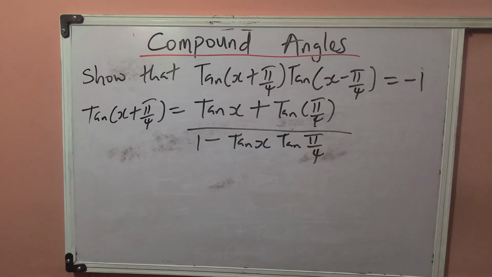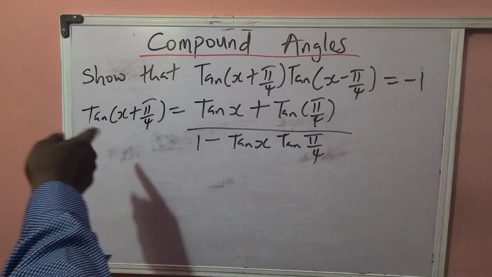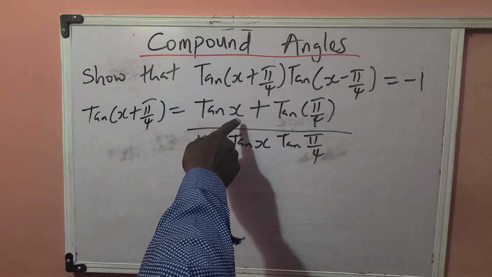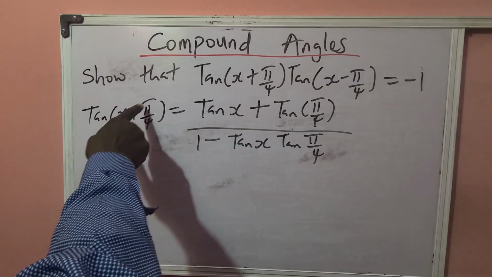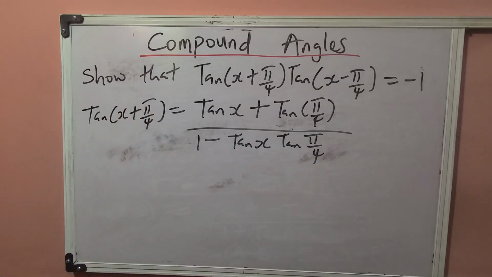So we are using exactly what we had in our compound angles. In the initial one I showed you, we had a plus b. So when we reflect on that and use our a as x and our b as pi over 4, this is what we're going to get.